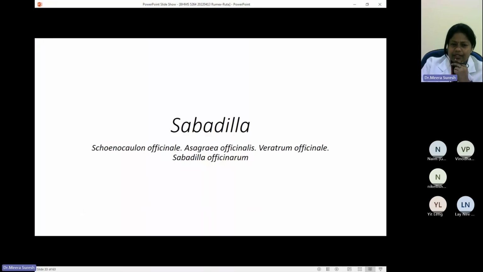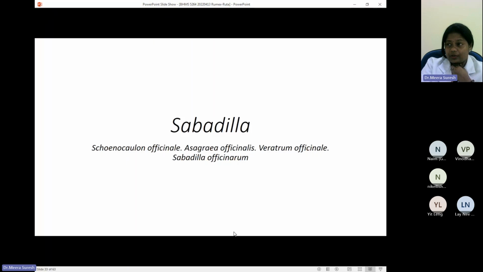very rarely prescribed medicine. Has anyone of you given Sabadilla? No, never. Mostly throat complaints, and they have some illusionary disease, imaginary disease. So many imaginary diseases they have, like Thuja.